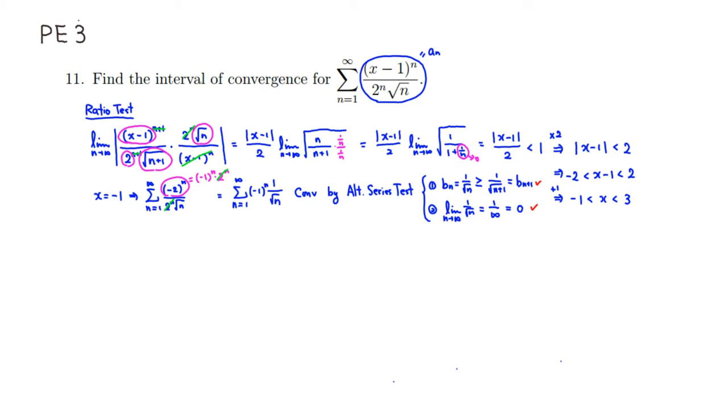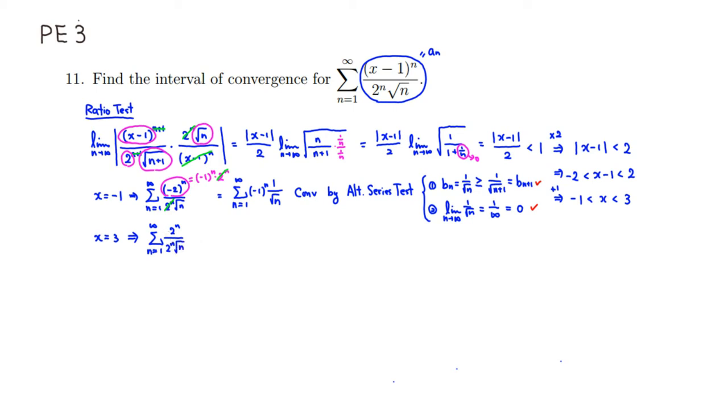How about the other endpoint, which is the right endpoint, x equals 3? When x is exactly equal to 3, this power series becomes the summation, n goes from 1 to infinity. 3 minus 1 is 2, so you have a 2 to the n over 2 to the n square root of n.